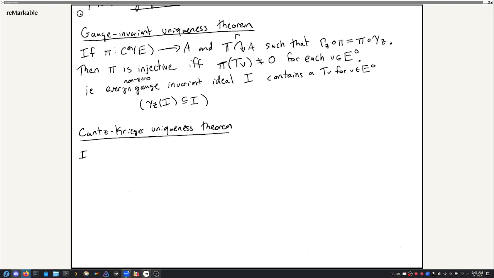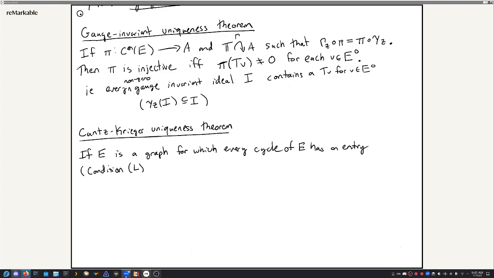It says that if you have some graph where every cycle has an entry, so this is called condition L, E satisfies condition L, then a star homomorphism pi is injective if and only if the image of each vertex projection is not zero.